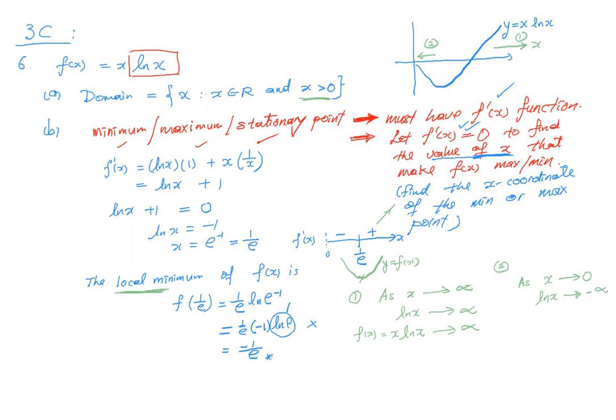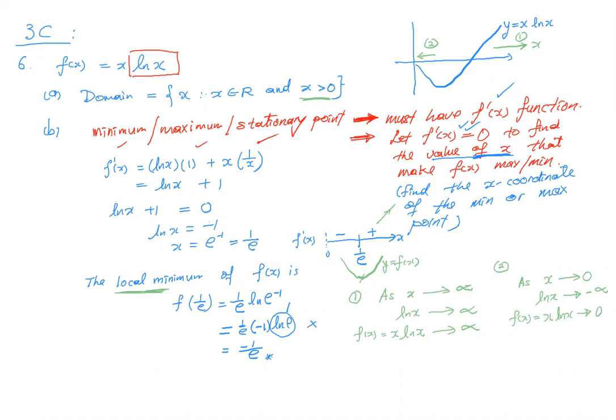So now, can you tell me my f x is 0 times negative infinity? It will become what? Negative infinity. Wait, no, 0. Right, it will approach 0. So it also never goes lower than this.